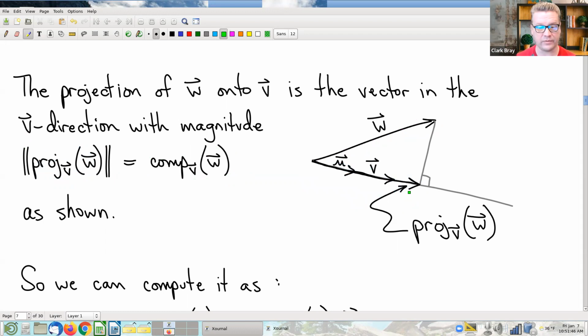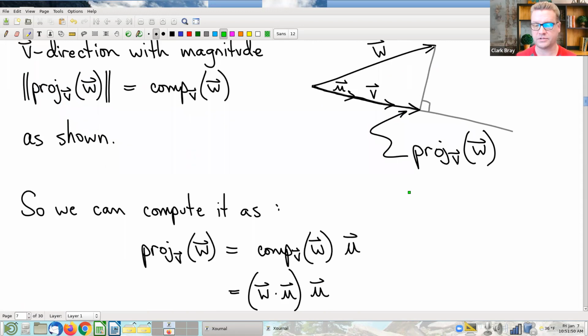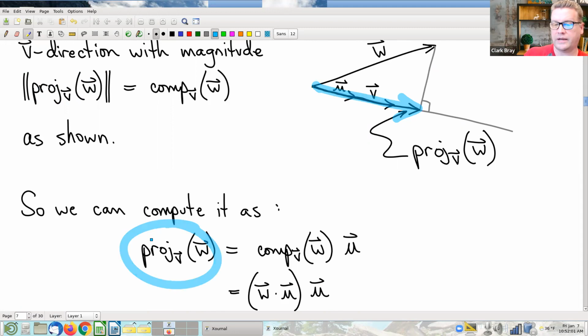So how do we compute this? My way of computing this is to rely on what we talked about on the previous page and say, well, this vector that I'm looking for, that projection vector, I know the direction that it's pointing. The direction is the direction of the line. And how do I define the direction of a line?